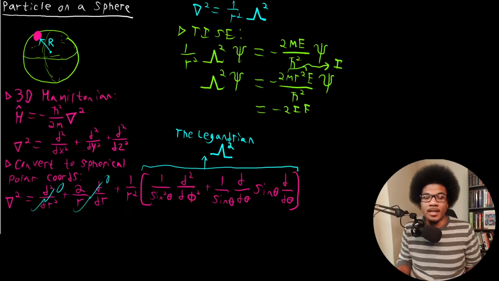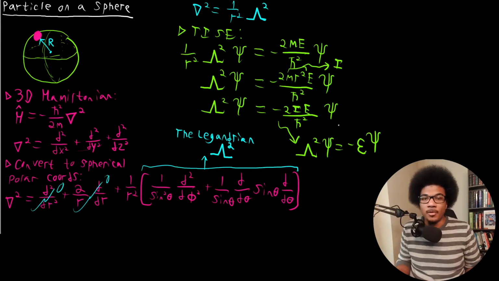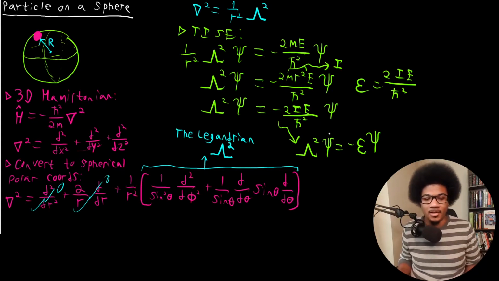We get negative 2IE over h bar squared times psi. Grouping all of this together as a single value, I'm going to call it epsilon, where epsilon is equal to 2IE over h bar squared, just grouping that together as a constant.